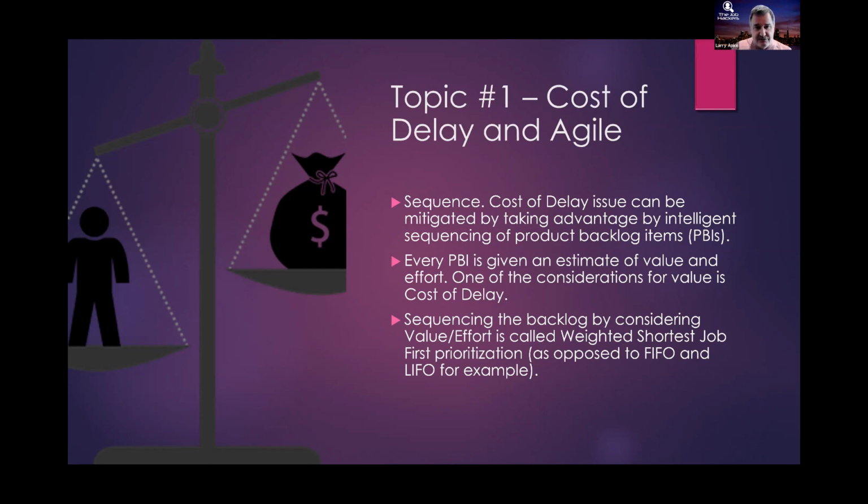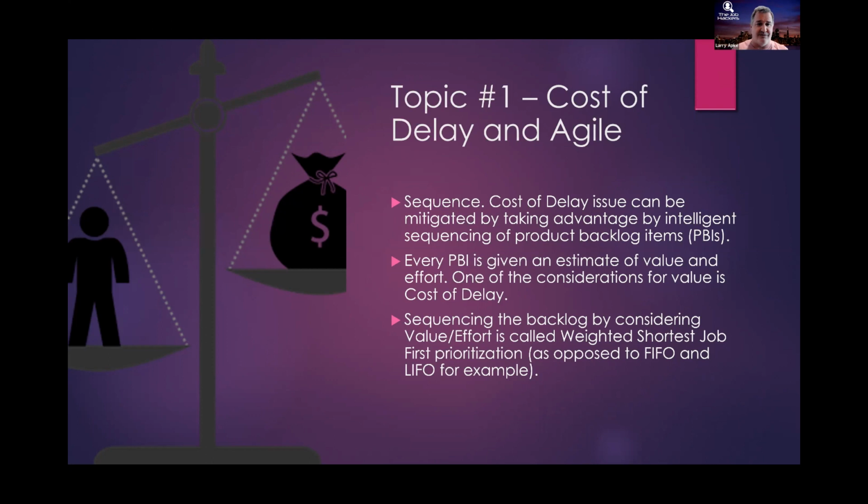The value, if you remember from day 2, I asked a very simple question. If I delivered this thing today versus this thing today, and the reason I say it that way is that I'm basically asking a cost of delay type question. So value becomes a proxy for cost of delay.